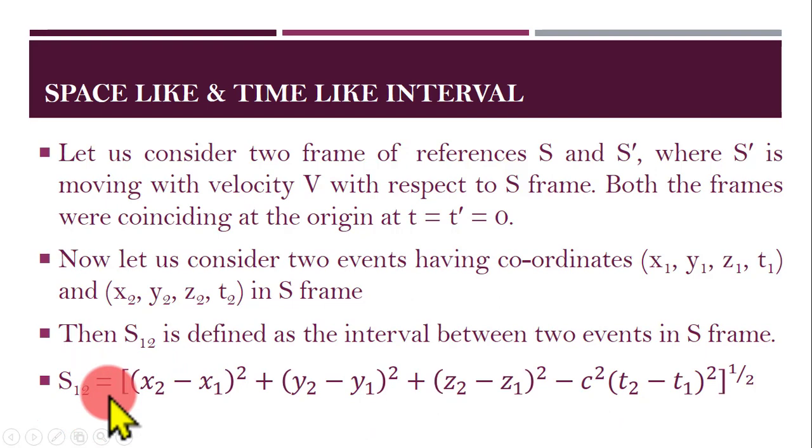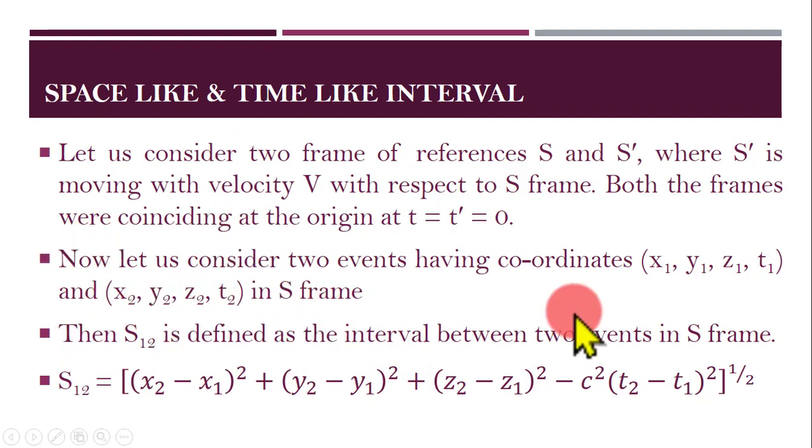Now let us consider the same two events in the frame S prime. The same two events that were occurring in the S frame, we are now looking at from the S prime frame. Their coordinates x1, y1, z1 and t1 will all change in the S prime frame. Similarly for the second event, the coordinates x2, y2, z2 and t2 will change.